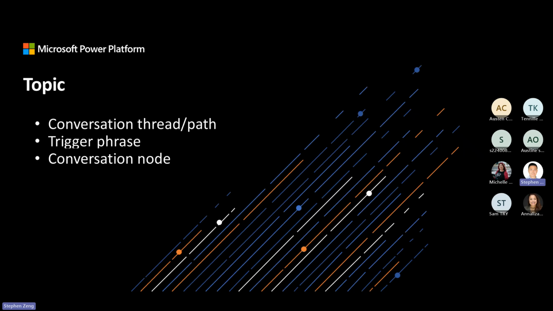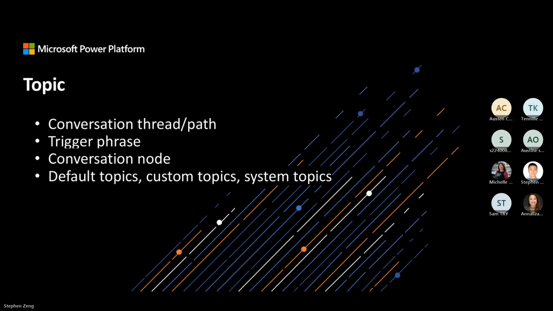And then under the topic, you can add conversation nodes, which gives you a lot of options to build the functionalities, and I will show you in a sec as well. When you create a Copilot in Copilot Studio, there are some out-of-box topics for you already, including default topics, custom topics, and system topics.